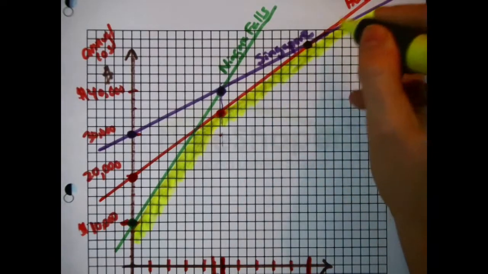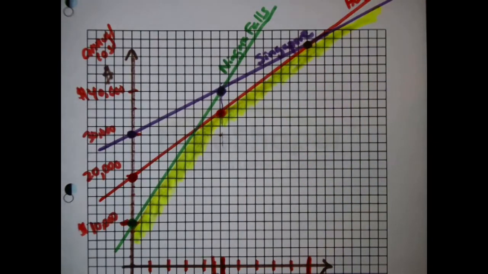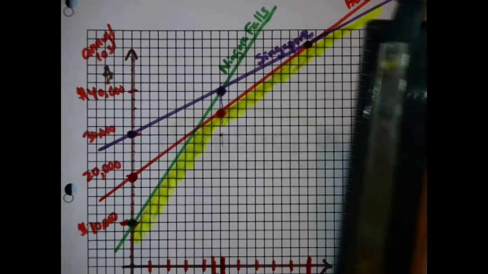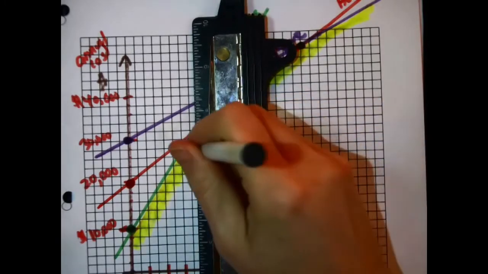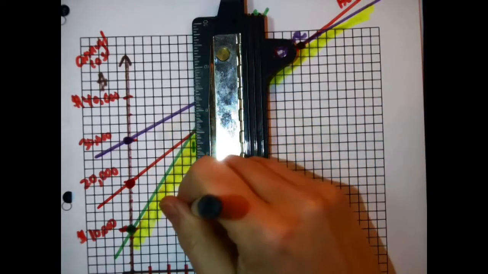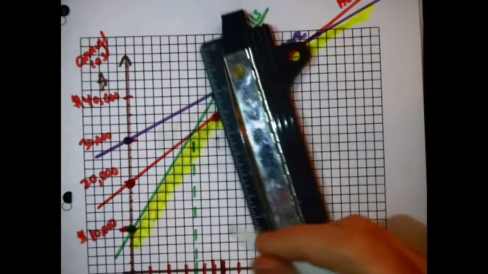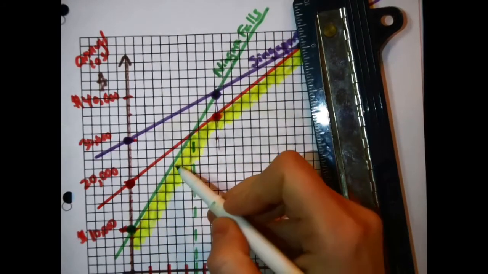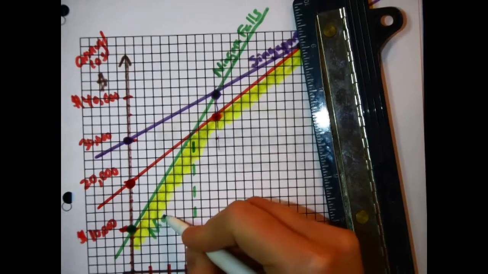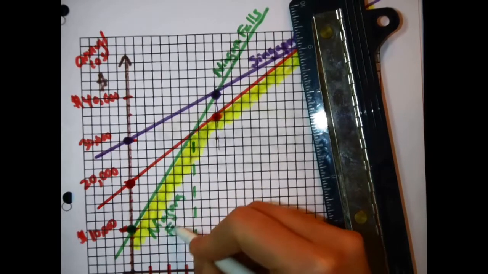That is indicating where we would want to be under various levels of volume. Because the question was about Niagara Falls, and I can see that there is a zone on which Niagara Falls, this is it right here, is the lowest cost. It would be essentially the preferred location.